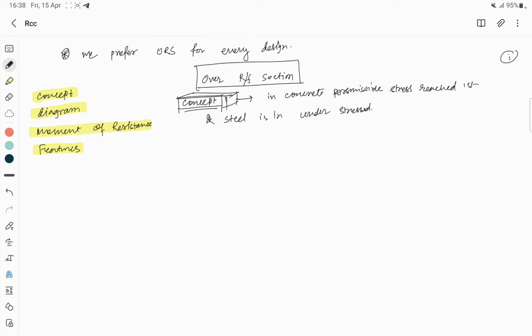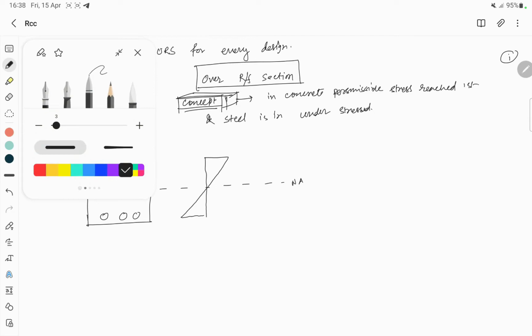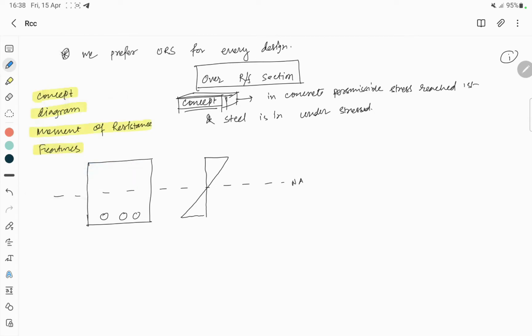So now we understand the diagram. First I draw the beam cross section. This is your neutral axis and this is your diagram. In over reinforced section, what happened?